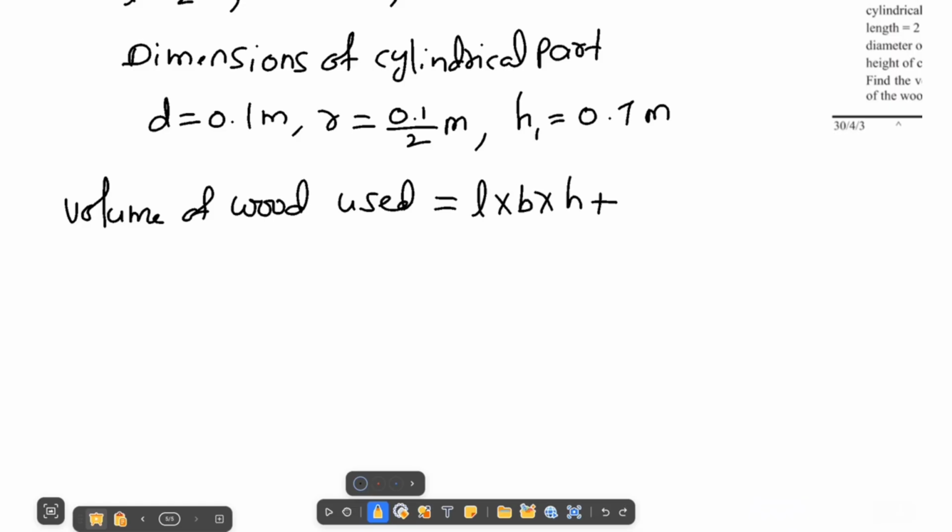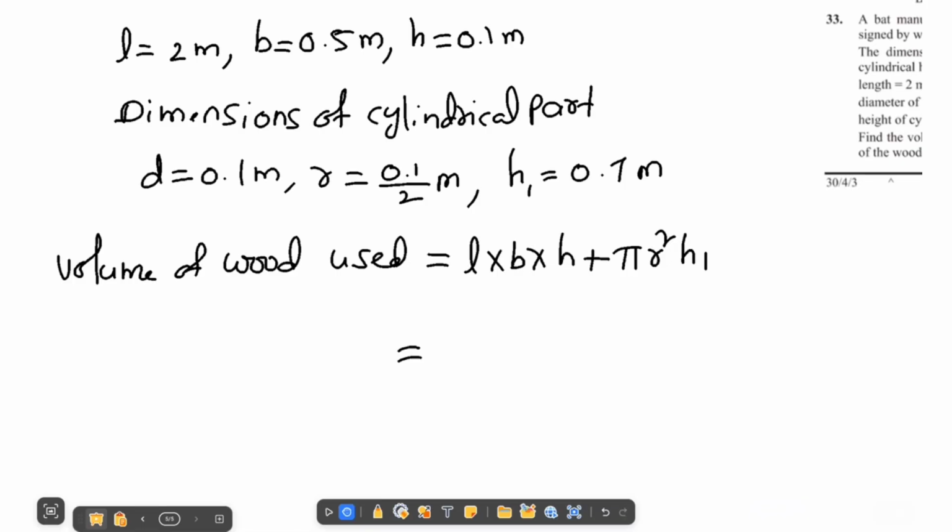Volume of cylindrical part is pi r square h, here h is h1. So now L value is how much? L is 2 and B is 0.5, H is 0.1.